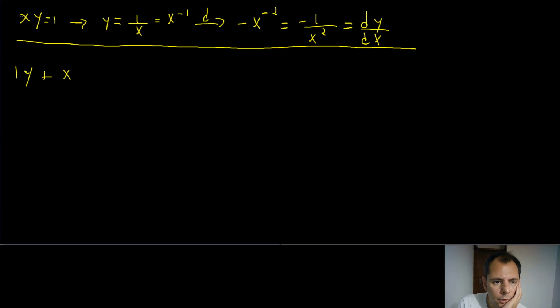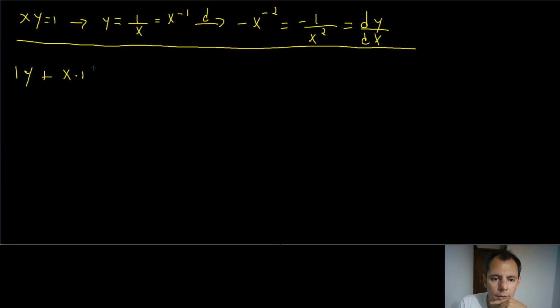So again, derivative of the first, which is 1, repeat the second, plus repeat the first and the derivative of the second. Well, dy with respect to y is just 1. But you have to multiply that by dy dx, because y is a function of x.